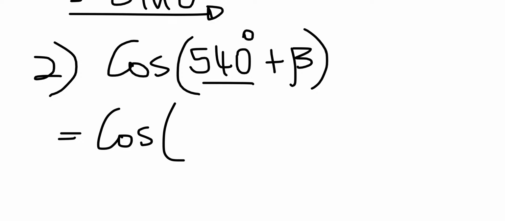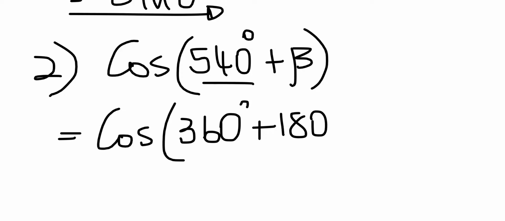How can we rewrite it? Because it is bigger than 360, just say 540 minus 360, whatever remains, it's a perfect remainder. We are given 540 that we need to break down, and when we break it down, it ends up being 360 degrees plus 180 degrees. Remember, you still have that angle beta there.